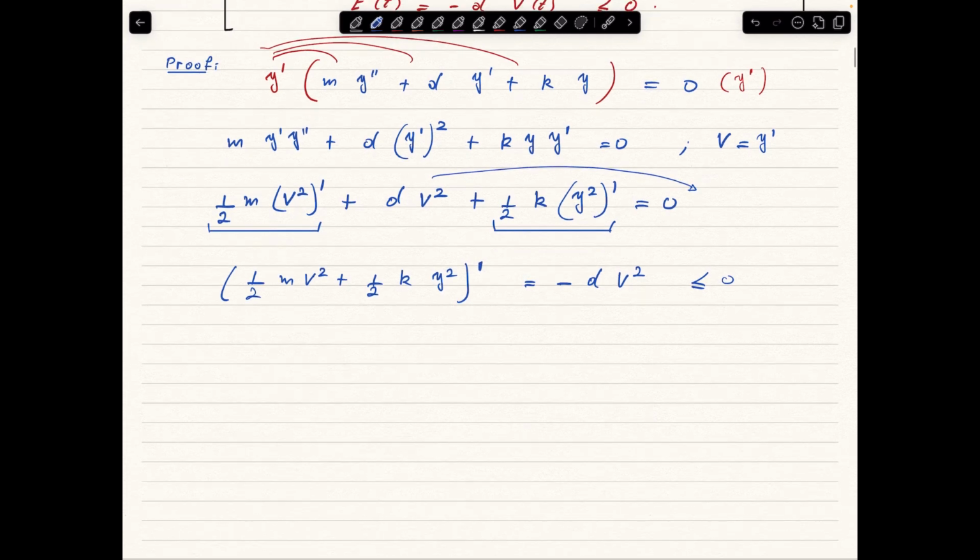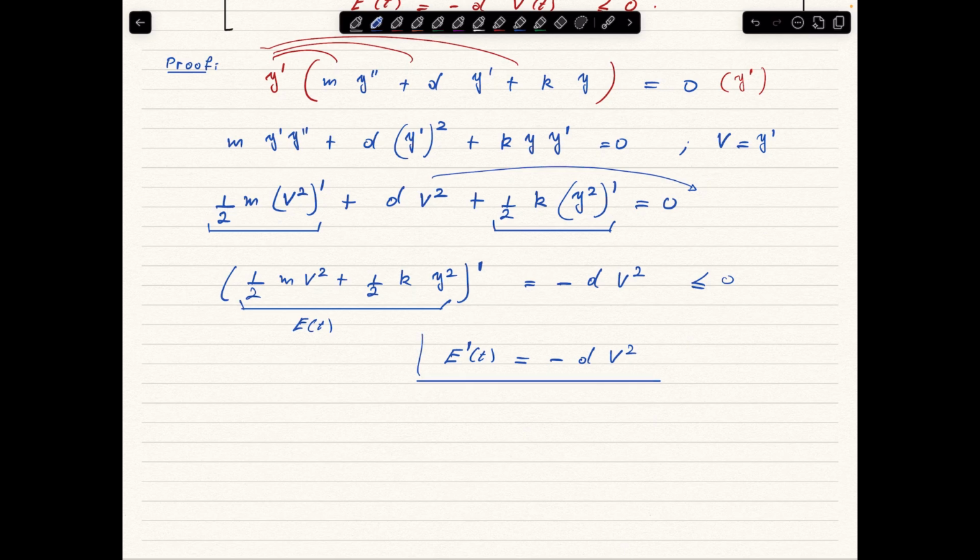So what we obtain, as before, is the mechanical energy that we have introduced before. And now the equation says that the derivative of the mechanical energy is a negative coefficient times v squared.